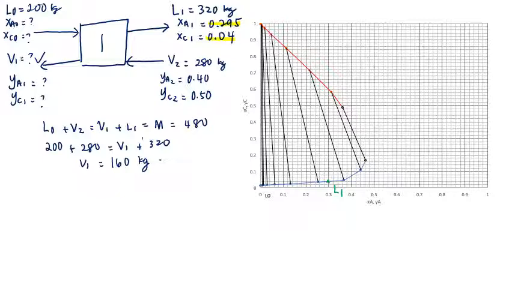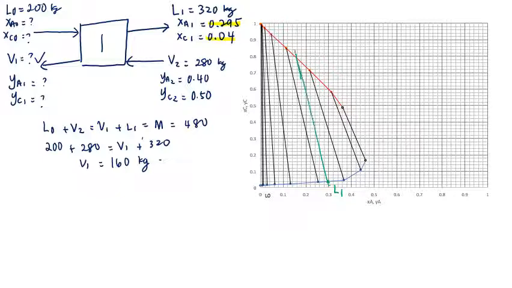L1 is in equilibrium with V1. So if you plot a tie line crossing L1, you can get the composition of V1. From L1, you approximate a tie line based on the slope of the tie line nearby in the middle. So just try to plot this line.